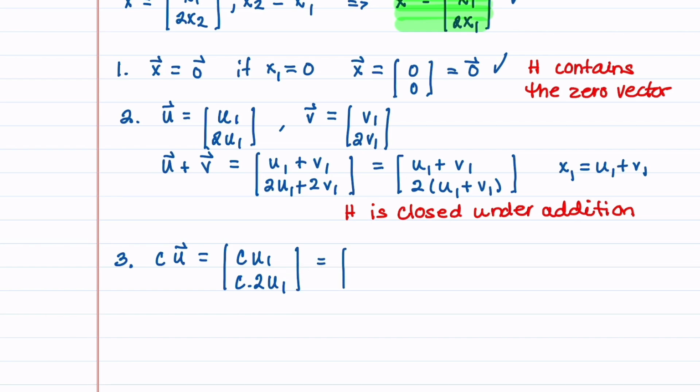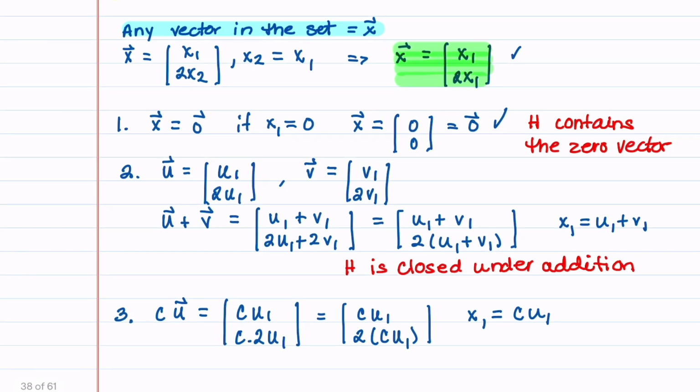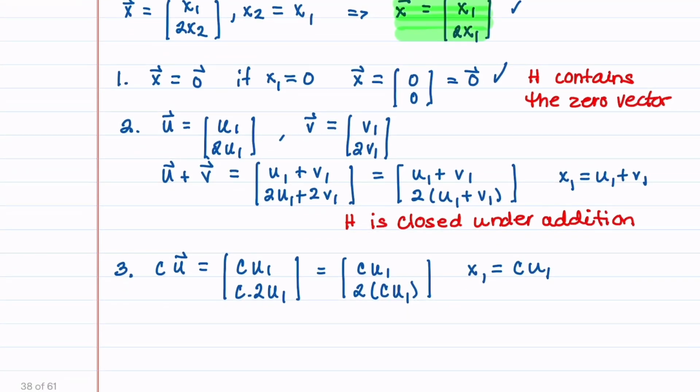I'm going to rewrite this. The first component stays the same, and then I'm going to write the second component as 2 times c u1. Then I'm going to set x1 equal to cu1 and look back up to our vector highlighted in green and see if it's the same. And it definitely is. So that tells us that our set H is closed under scalar multiplication.